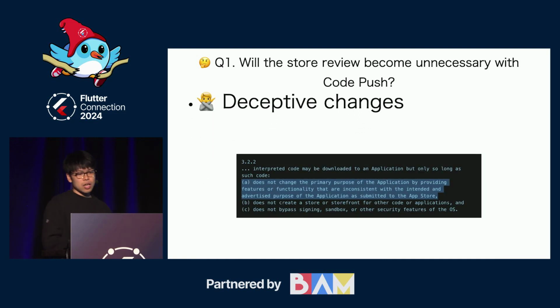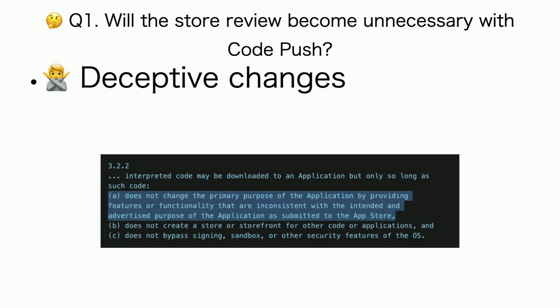This is not directly related to the quiz, but because it is very important, I will explain. With code push, technically you can change any Dart code. This means that you can change app features without submitting to app store reviews. For example, you submitted a to-do app and the store accepted it. Then you send a code push.